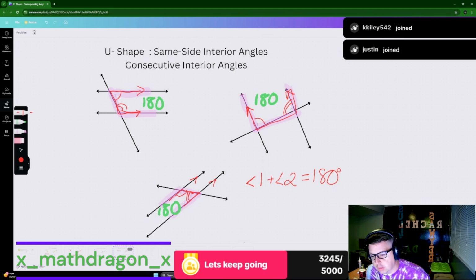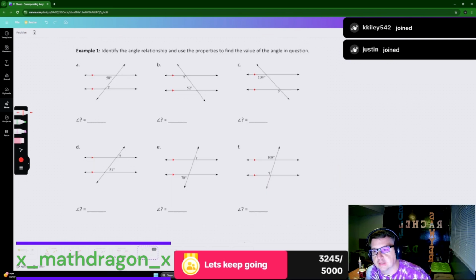So what I would do, and what we'll do next in class, is I'm just going to give you this, and I want you to figure out which one of the shapes you have. So when I look at these, take your highlighter and highlight what you have.